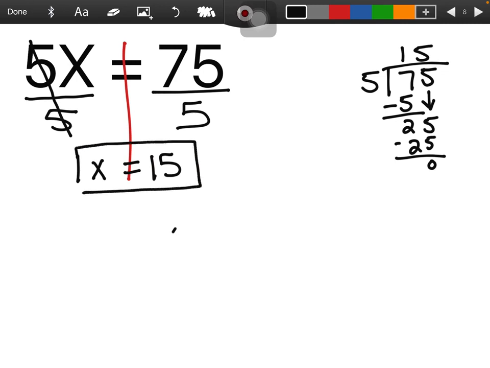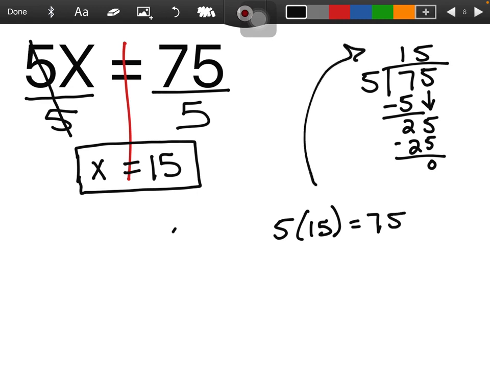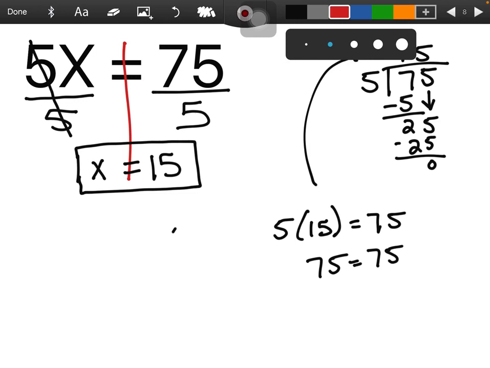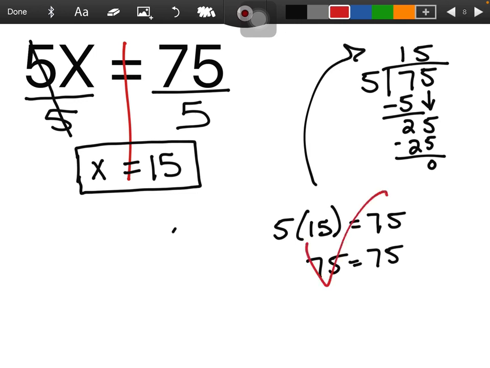So there's my equation, there's my solution. And again, I can plug that in. 5 times 15 equals 75. I can check that right back up here like we did here. Do the math. 75 equals 75. Yes, I am good to go.